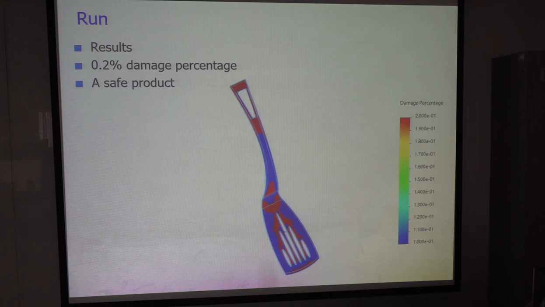Means your design under this repeated loading due to temperature increase and due to you apply the load to the spatula, only 0.2% probability to damage your spatula. So as a mechanical or as a design product engineer, you are pretty happy with the product.